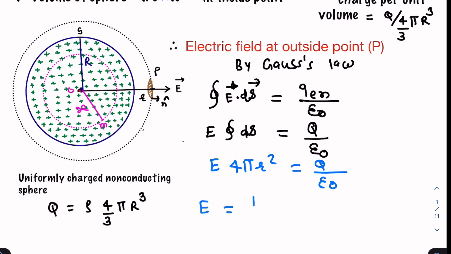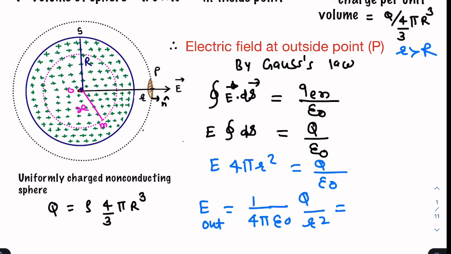Therefore, the electric intensity is 1 by 4 pi epsilon 0 Q by r square. Therefore, the electric field intensity at an outside point, where r is greater than the radius, is the same as the electric field due to a conducting sphere. In a conducting sphere also we consider the whole charge concentrated at the center.